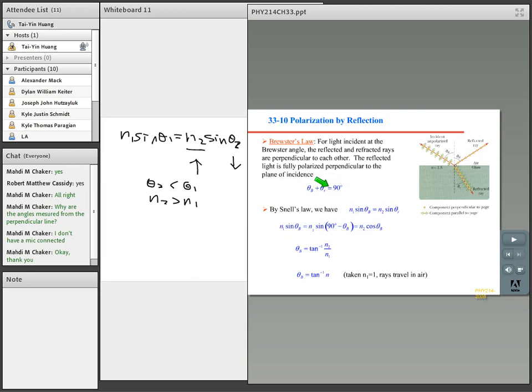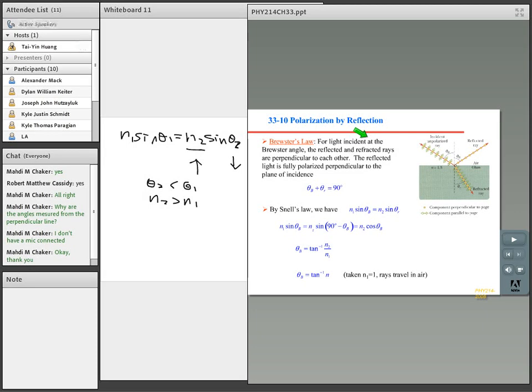Now let's look at the third scenario when you have N2 that's less than N1. In other words, now you have a light source that initially started in a medium that has a higher index of refraction. When it's striking the surface, it's going to be refracted.